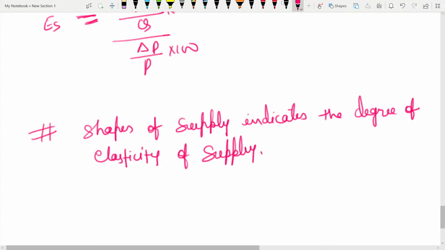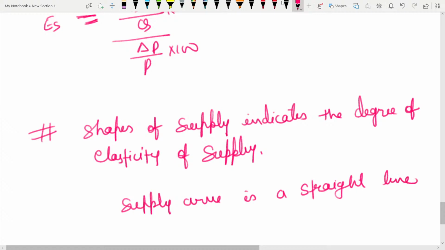Okay, assuming that the supply curve is a straight line, and positively sloped, that means upward direction.